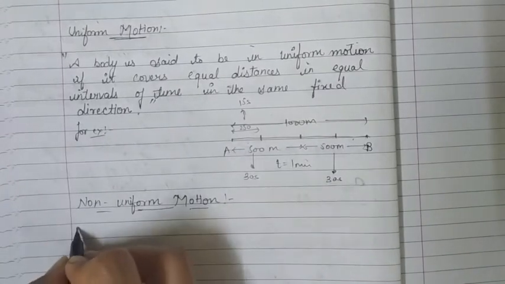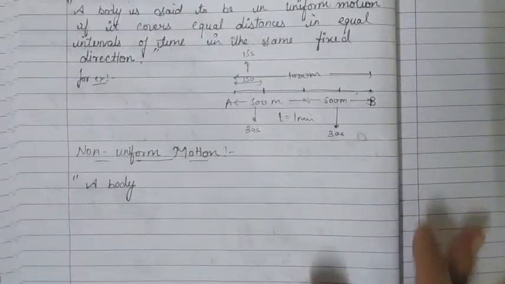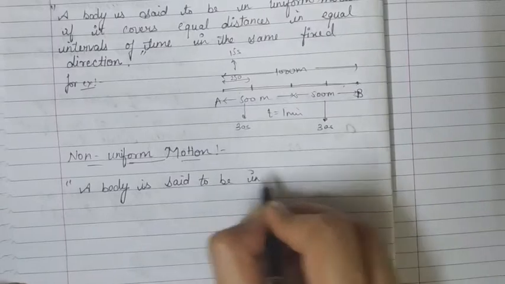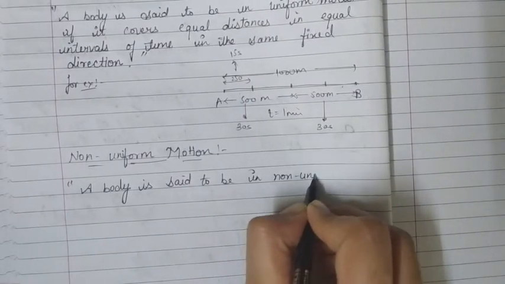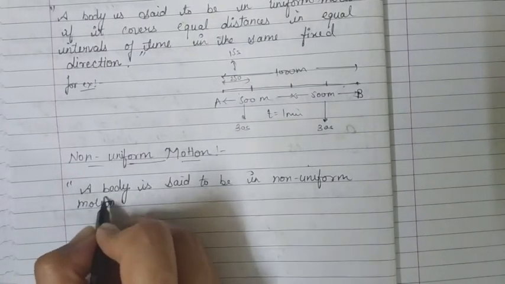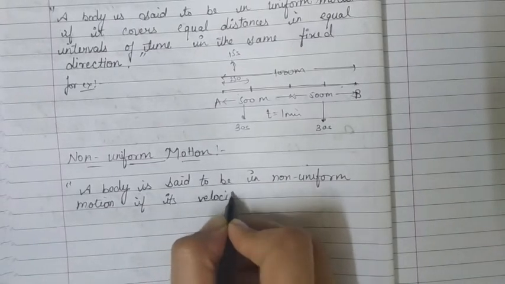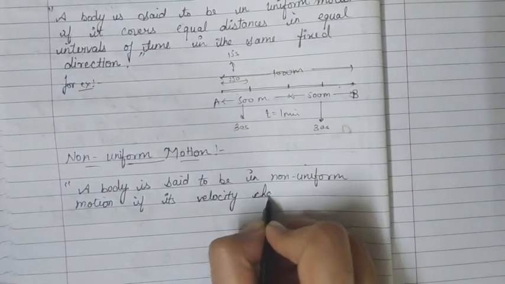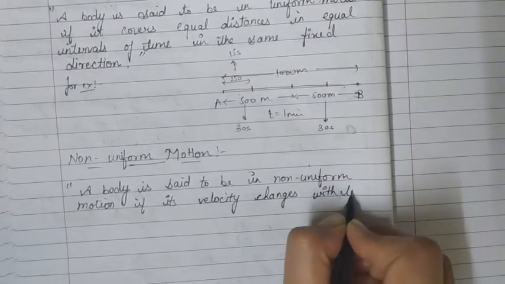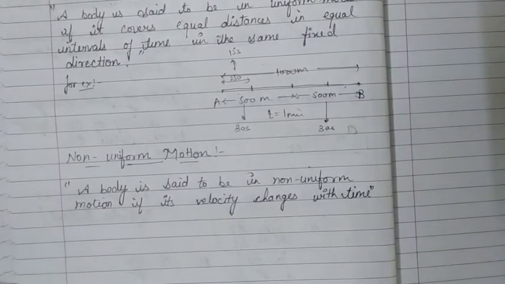A body is said to be in non-uniform motion if its velocity changes with time. If this is the condition, then such type of motion is called non-uniform motion.